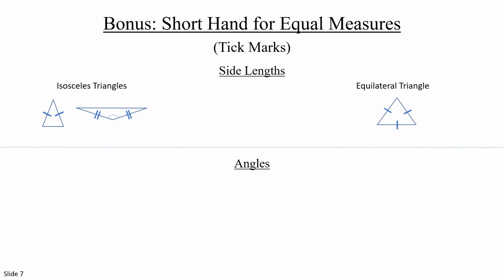We can do angles the same way. So both of those angles are the same. Could also be done just this way. So the two bottom angles are the same and the one on top is different because it's got different number of angle markings through it. Those are isosceles triangles.